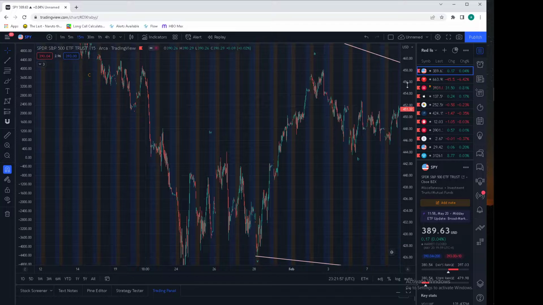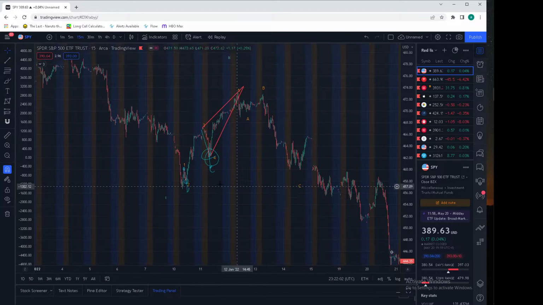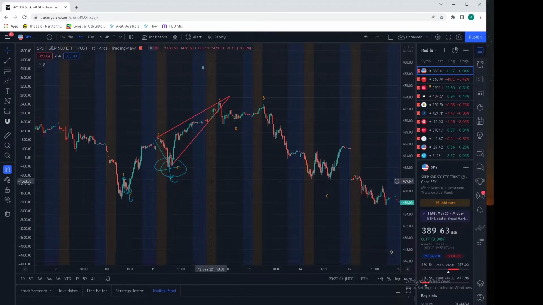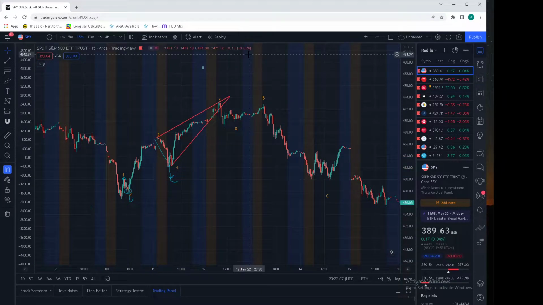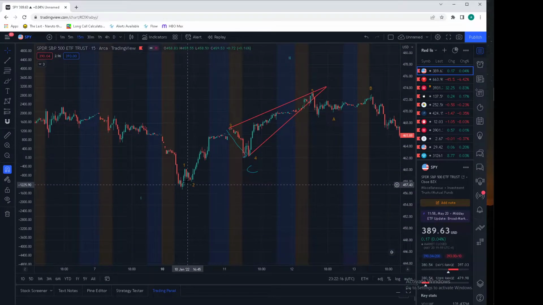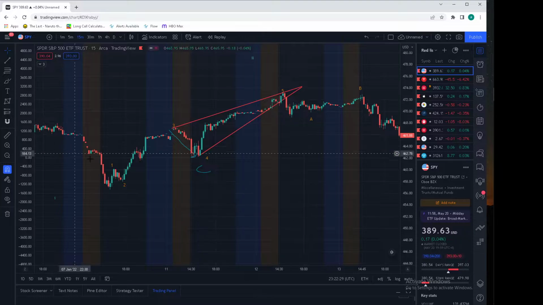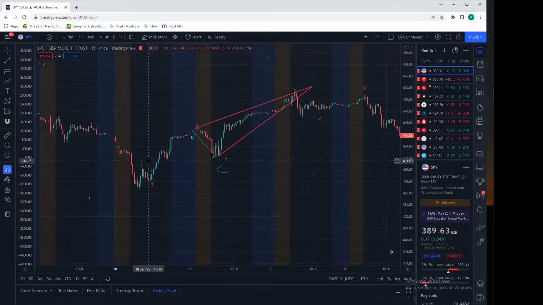So where's the entry point on these? The best places that I recommend entry is once you get a definitive top. If you see this impulse wave up, and you get that clean rejection, depending on what time frame you're looking at, I kind of like the 15-minute for entries and exits.